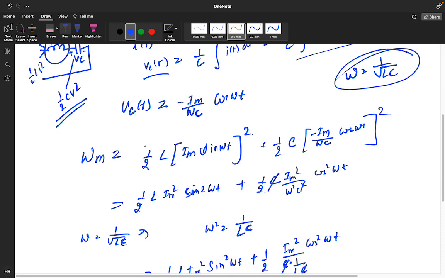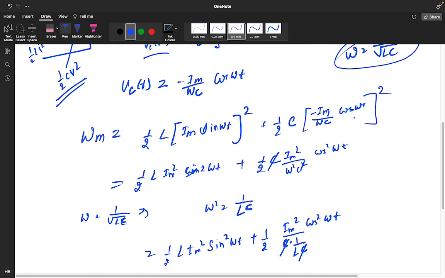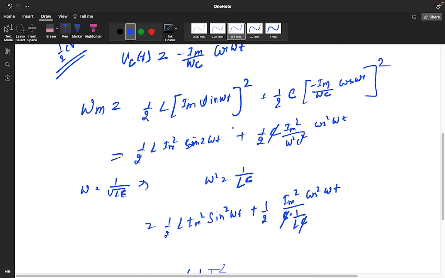So the maximum energy is half L Im sin omega t the whole square plus half C minus Im by omega C cos omega t the whole square. While solving this, I am getting half L Im square sin square omega t and half C Im square by omega square C square cos square omega t.